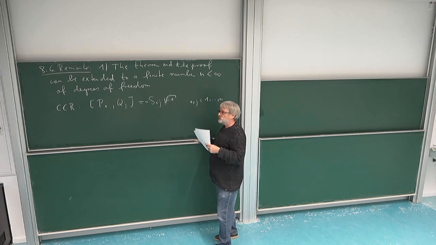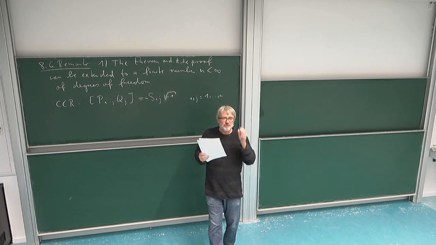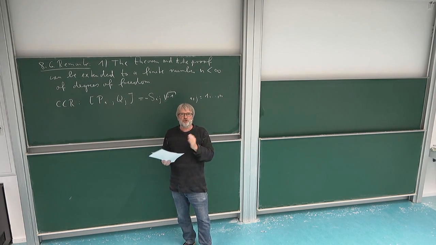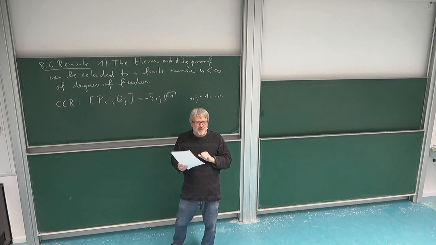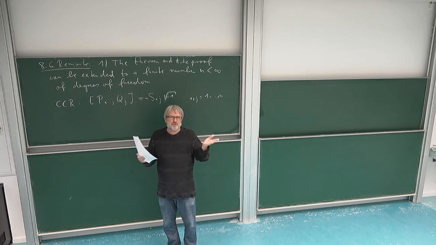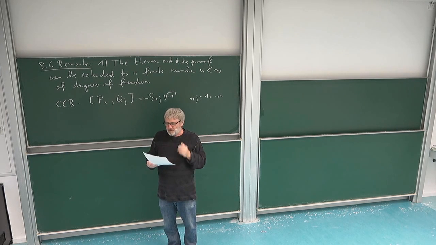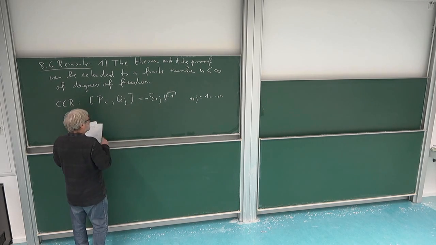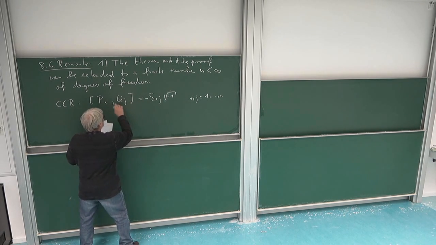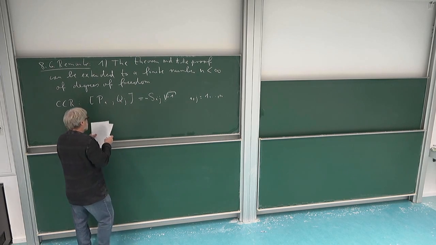But of course I should now also specify the commutation relations between the p's and between the q's. If I only have one p, of course p commutes with itself. But if I have now p1 and p2, I also have to say what happens with p1 and p2. And there again, I'm assuming that they all commute. So everything commutes. The only non-commutativity is between p and q for the same index.